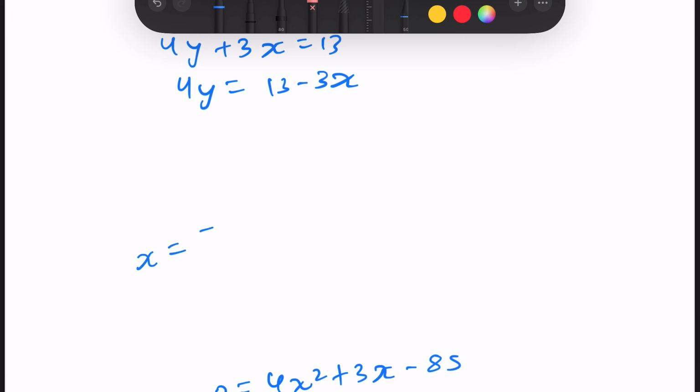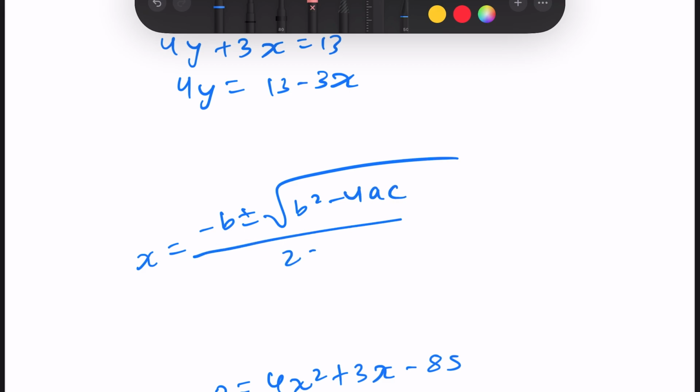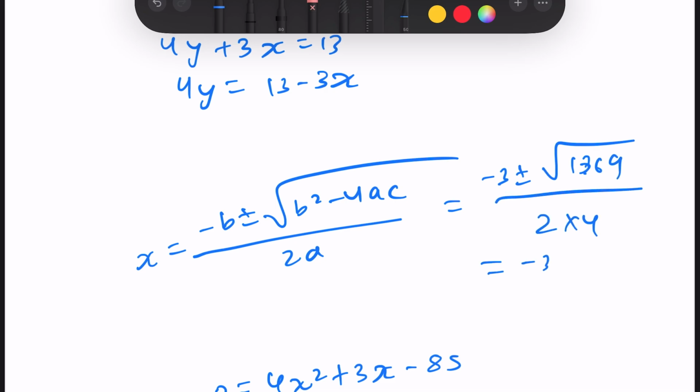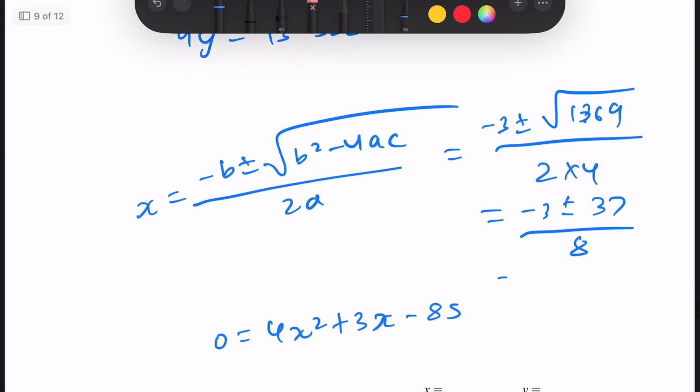So x is equal to negative b plus or minus the root of b squared minus 4ac, divided by 2a, which is equal to negative 3 plus or minus the root of 3 squared minus 4 times 4 times negative 85, which is equal to 1369, divided by 2 times 4, which is equal to negative 3 plus or minus 37 divided by 8. So the two roots would be equal to 4.25 and negative 5.